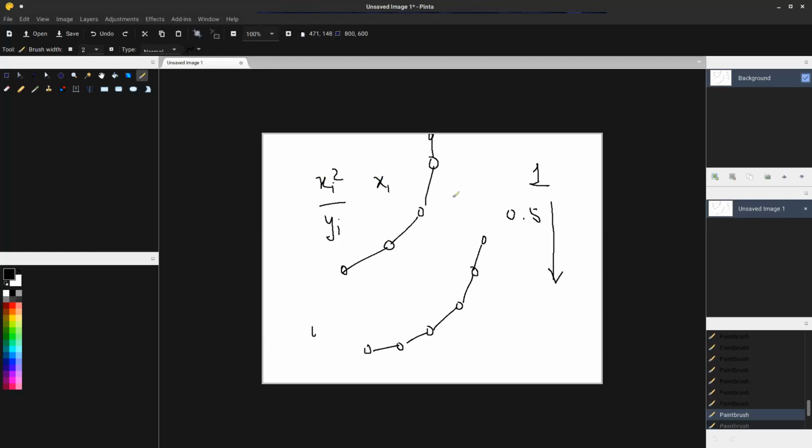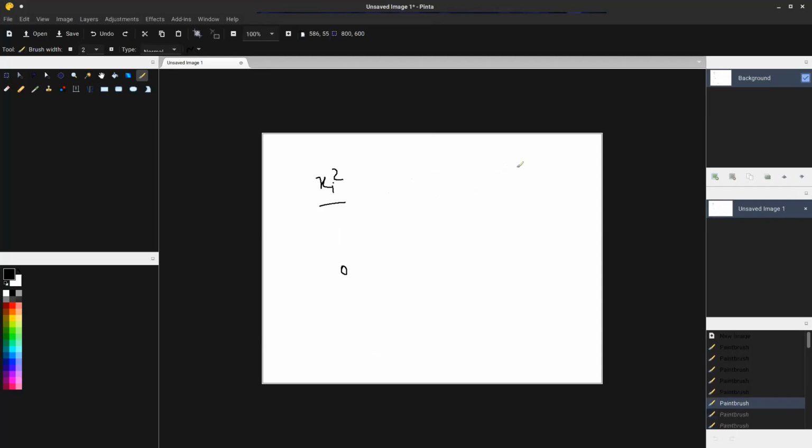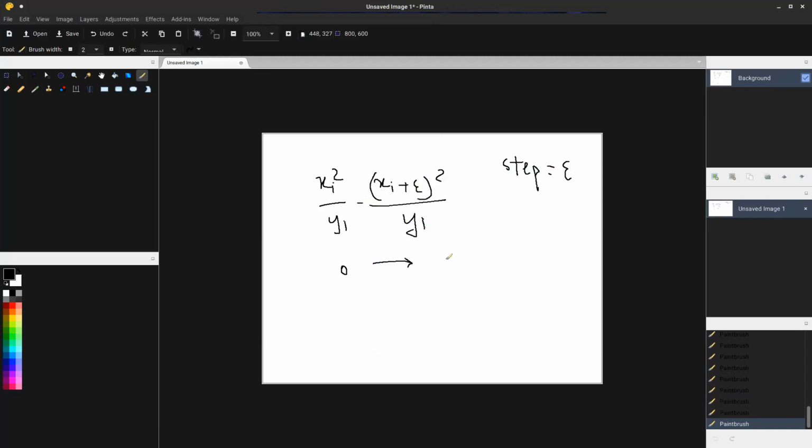Sorry, let me just take those graphs out of the way. If the step is really small, then what we're looking at is the difference between this function and this function. And this goes towards the derivative of x squared over y, which is 2xi over yi.